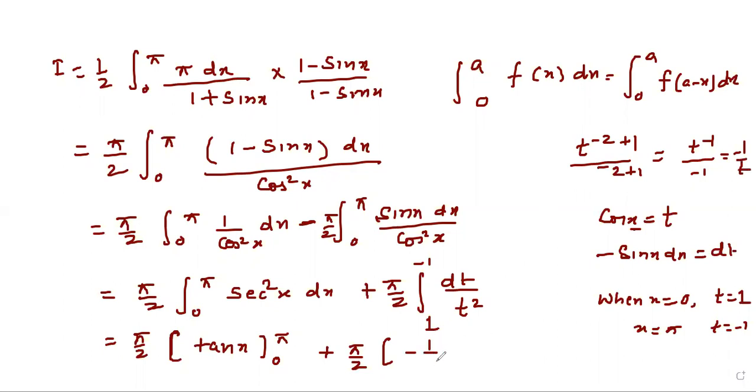So this will give minus 1 upon t, limits 1 to minus 1.